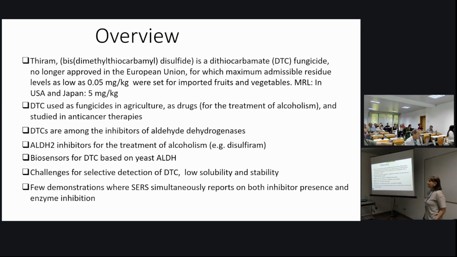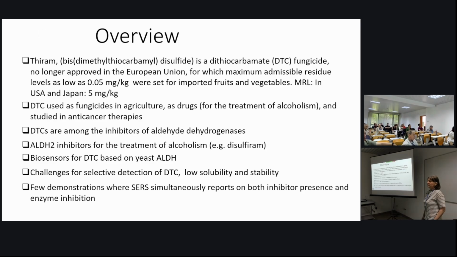There are some challenges in the selective detection of dithiocarbamate fungicides, especially because they degrade very fast. They have very much similarity between the compounds in the same group. So basically, the official methods for the detection of dithiocarbamate fungicides are based on their acid degradation to carbon disulfide.